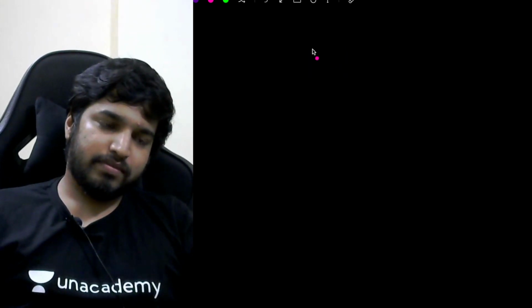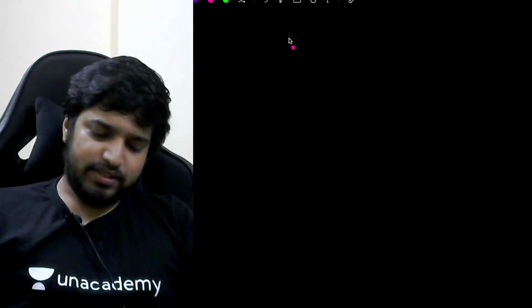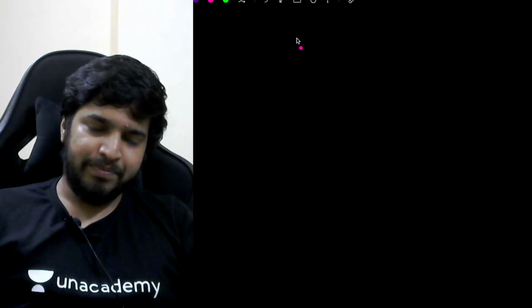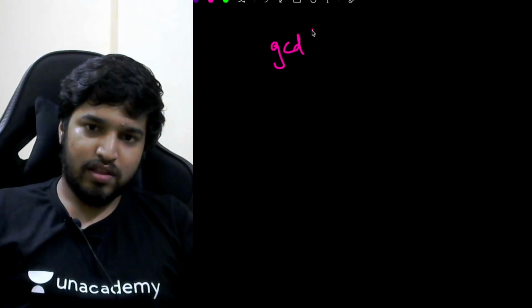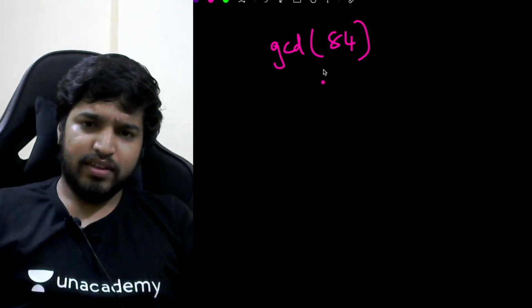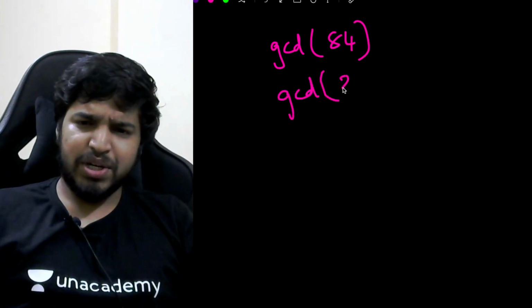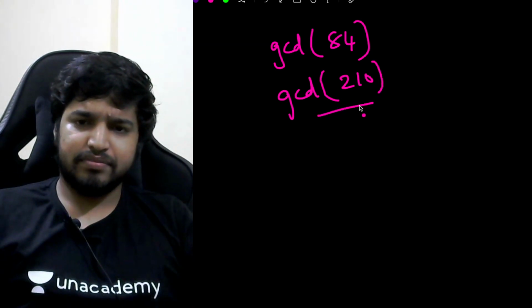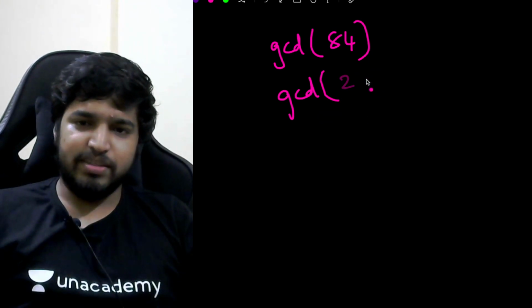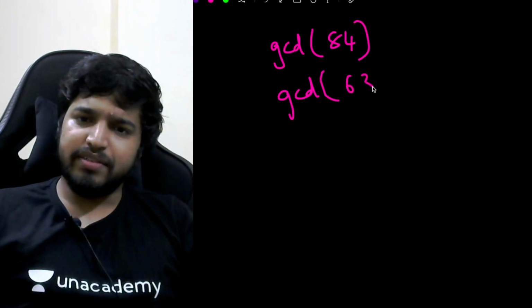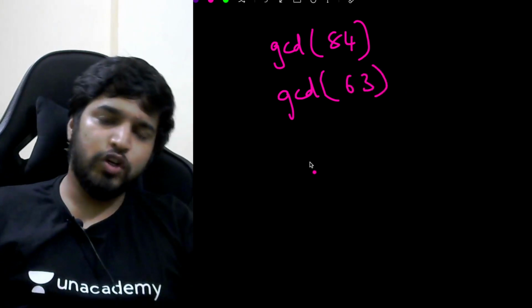So GCD of two numbers. Say we're calculating GCD of 84 and 63. Now 210 is a bit of a bad example. Cool.